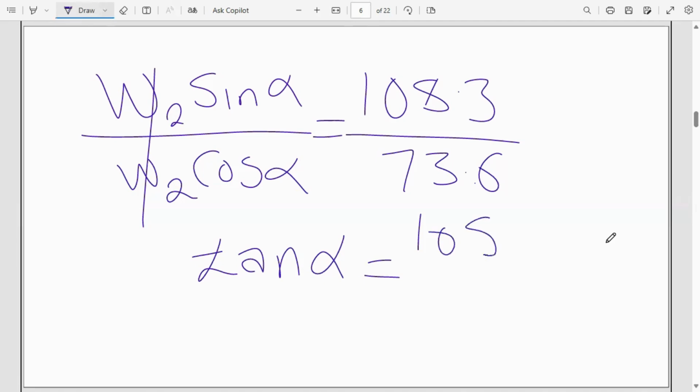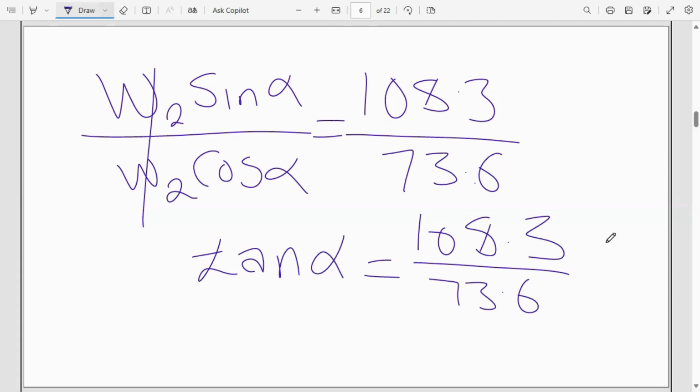There's no need to divide, but if you want, you can divide it.